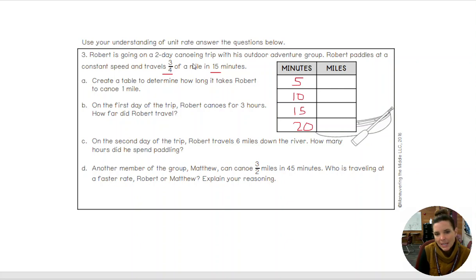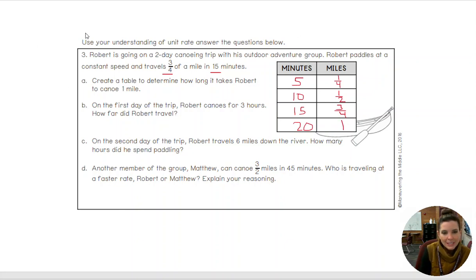Okay, so if he can go 3/4 of a mile in 15 minutes, that means after 5 minutes that he has traveled 1/4 of a mile. And then after 10 minutes, he has traveled 1/2 of a mile. After 15 minutes, we know that he has traveled 3/4 of a mile. And then after 20 minutes, that is when he will finally get to 1 mile.